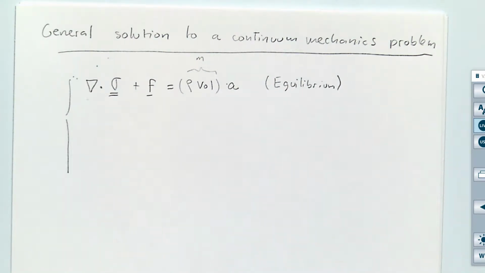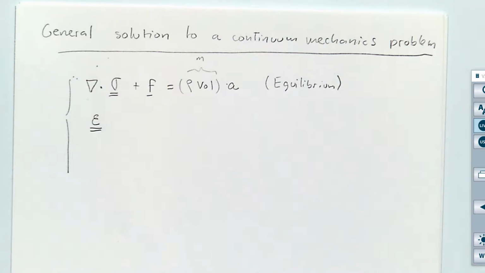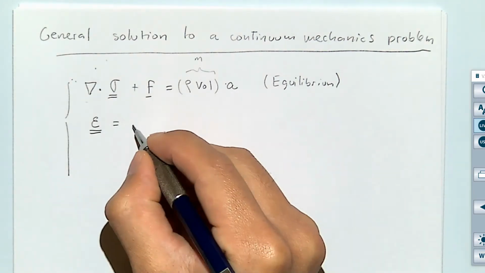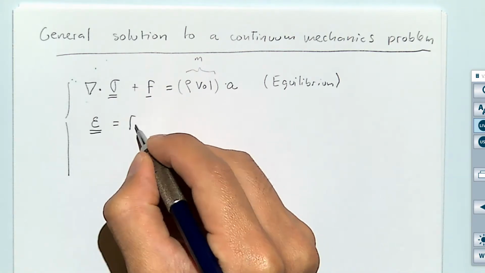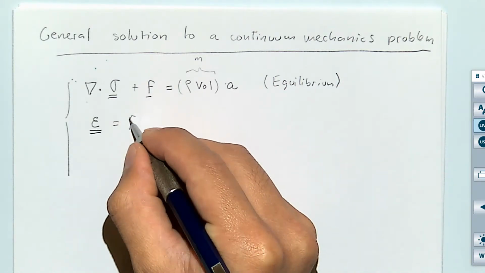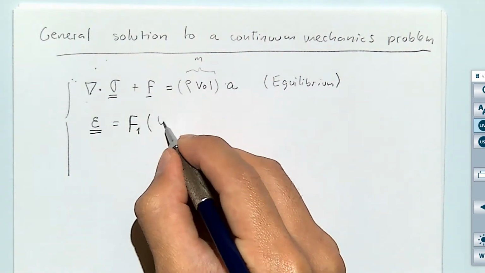The second equation that we're going to need links strains, because when we put a stress on a solid, it's going to deform. That deformation in mechanics is described by the term strain, and we need an equation that tells us what the strains are as a function of displacements.